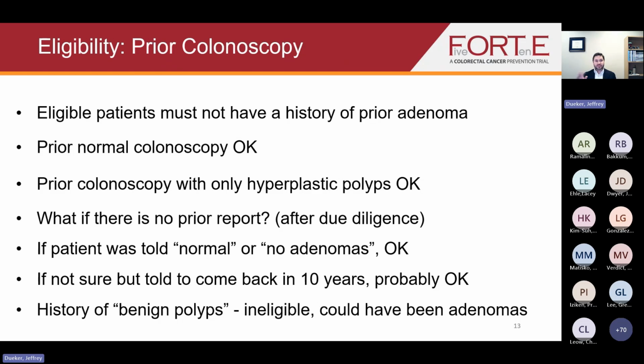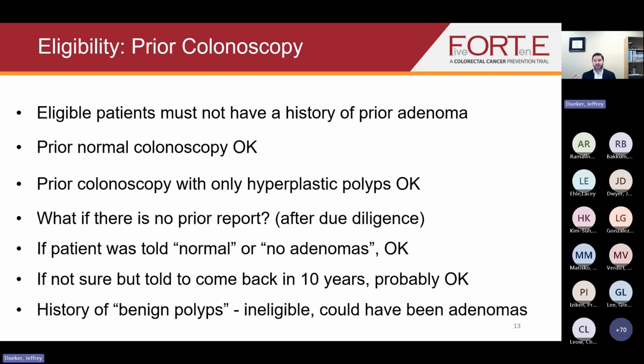Or they see polyps in the sigmoid or rectum, remove them, and they are hyperplastic, or they actually see polyps further up, say in the right colon, ascending, transverse, and it's confirmed on pathology to be hyperplastic, those are okay. So an adenoma on a prior colonoscopy excludes you, but a hyperplastic polyp on a prior colonoscopy, assuming it was less than a centimeter, is okay.